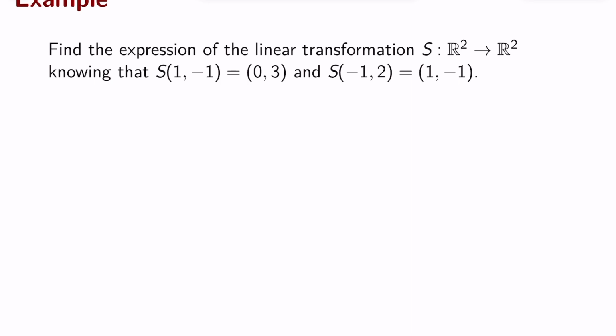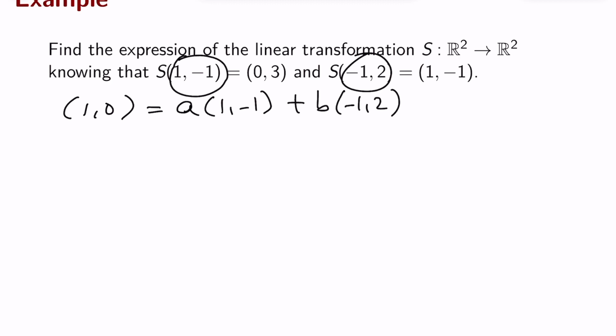Well, we know that if we are able to write 1, 0 as a linear combination of these two, then we will be able to calculate the application because we know how much is the linear transformation on these two. So write 1, 0 as a linear combination of 1, minus 1 and minus 1, 2, right? So this one and this one. So let's write 1, 0 as a linear combination of these two.